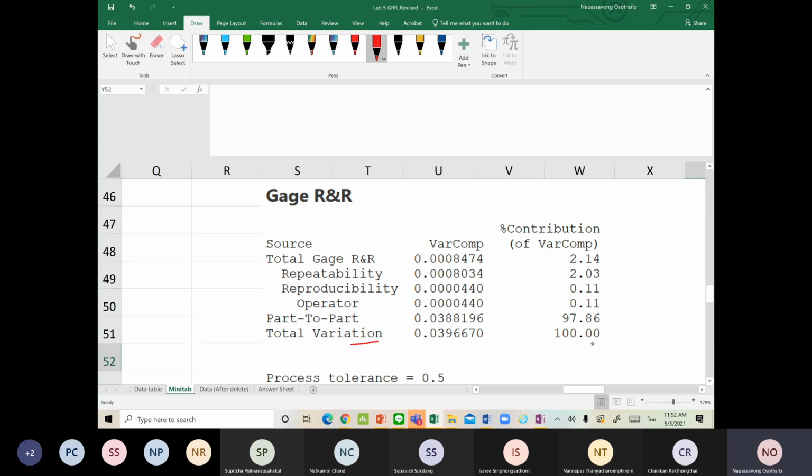It counts as 100%. These are the variance numbers, and it converts the total variance into 100%.